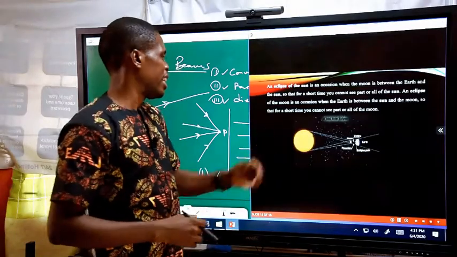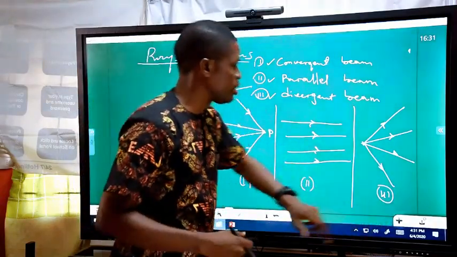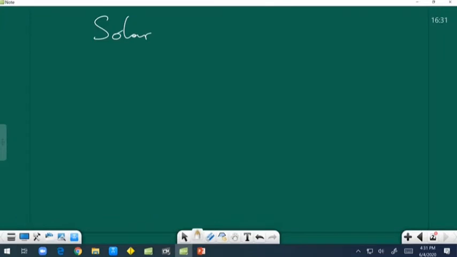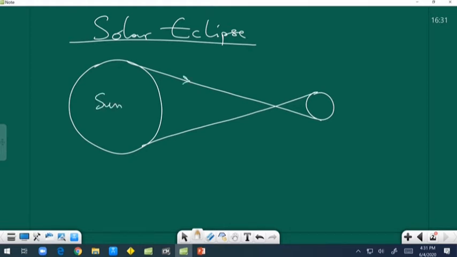Very important diagram. Let me just quickly describe the diagram that we can use to describe the solar eclipse, using a ray diagram. We have the sun represented here, and we have the earth represented here, and we have light coming from the sun.